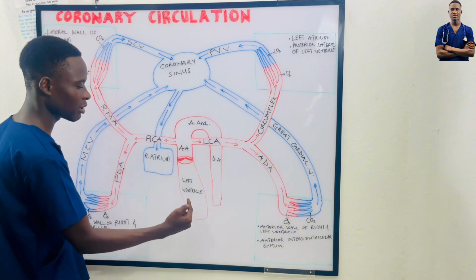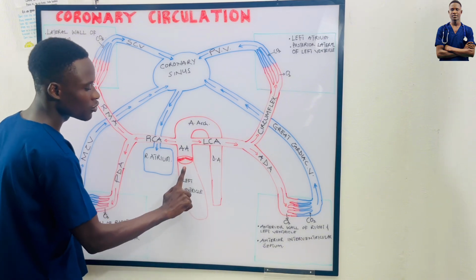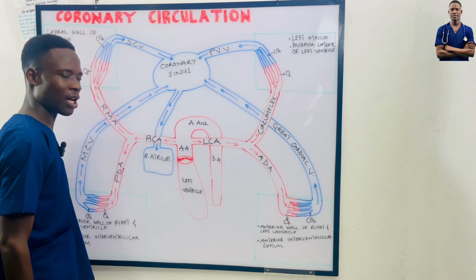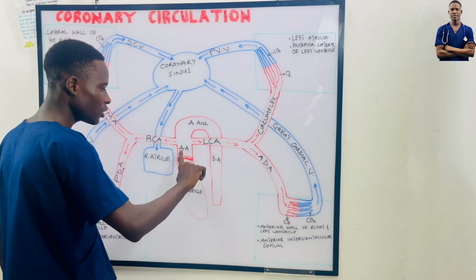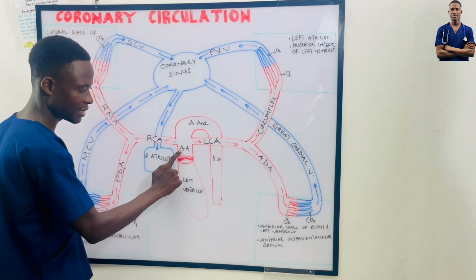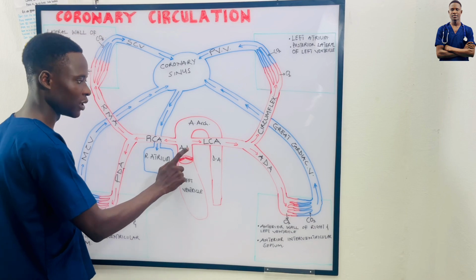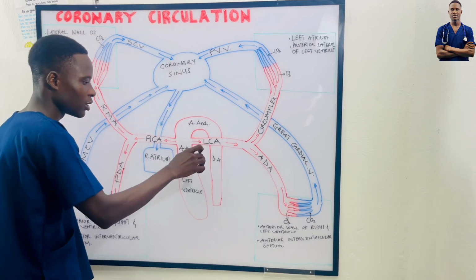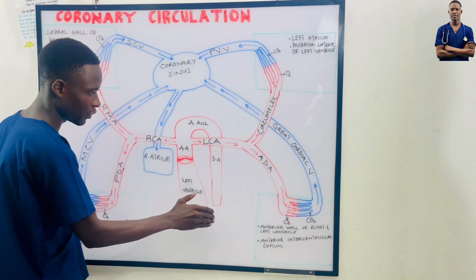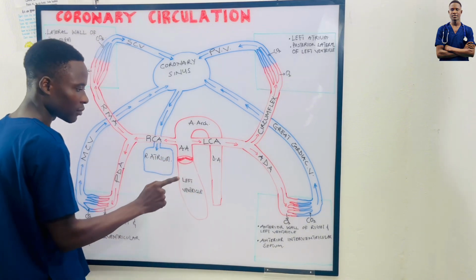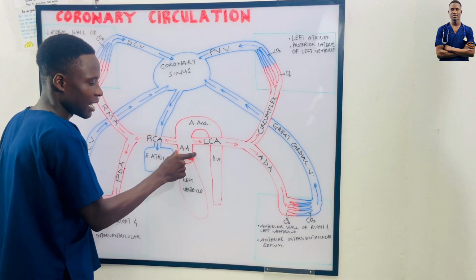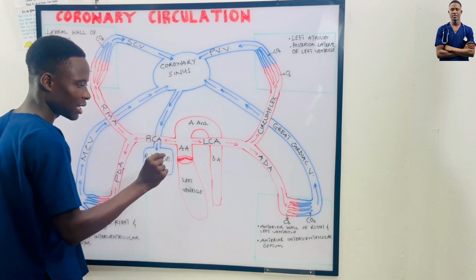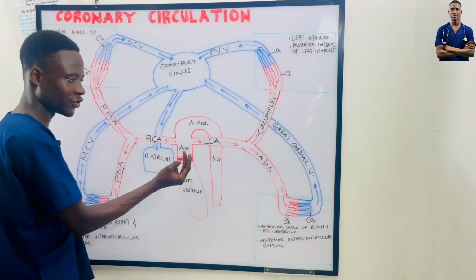In the systole, there's pumping of blood through the aortic semilunar valve, and then to the ascending aorta. The ascending aorta, that's the AA, to the aortic arch, to the superior side of the body, to the descending aorta, to the inferior side of the body. And one thing is, the ascending aorta has two small arteries.